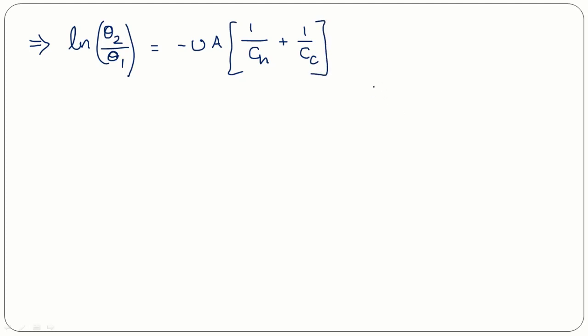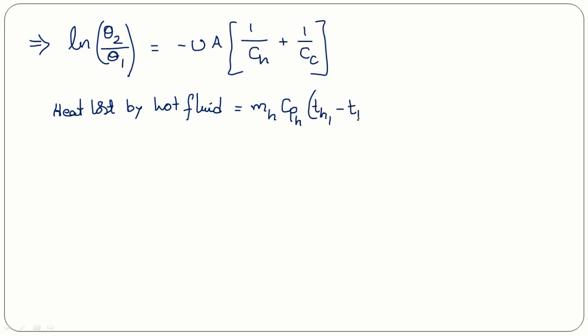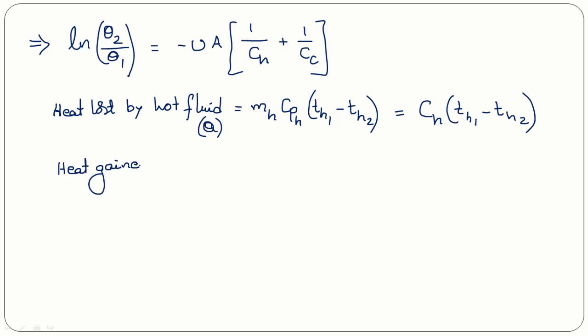Now we know that heat lost by hot fluid can be written as mass of hot fluid, specific heat of hot fluid into hot fluid inlet temperature minus exit temperature. So this can be written as capital Ch into Th1 minus Th2. Let us consider this heat lost by hot fluid as Q. Then heat gained by cold fluid: whatever is the heat lost by the hot fluid, that will be gained by the cold fluid.